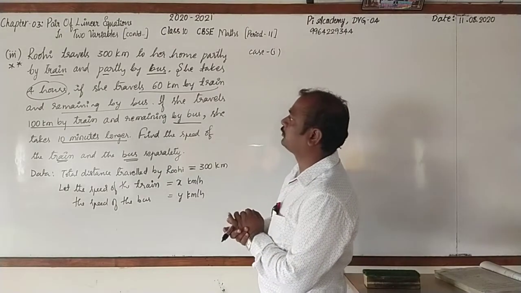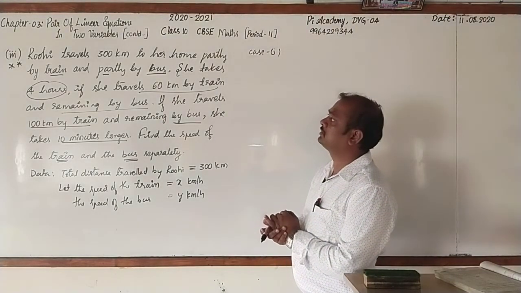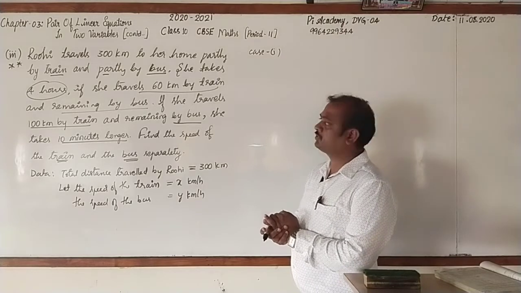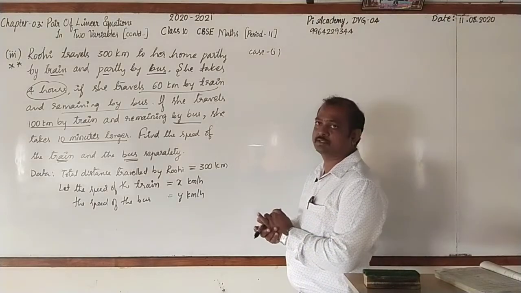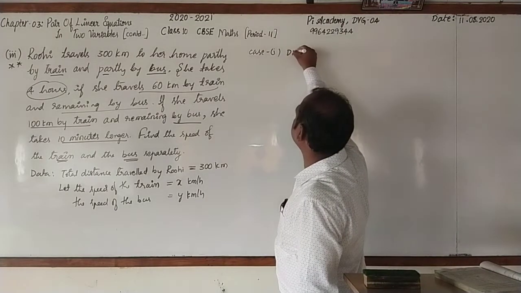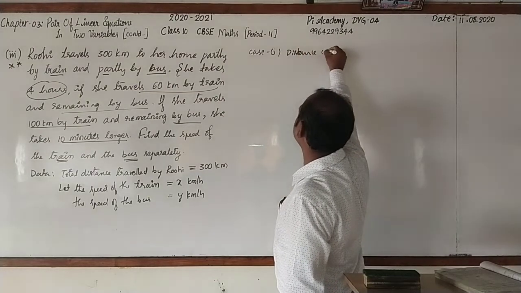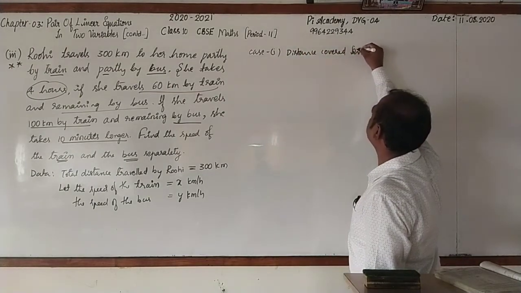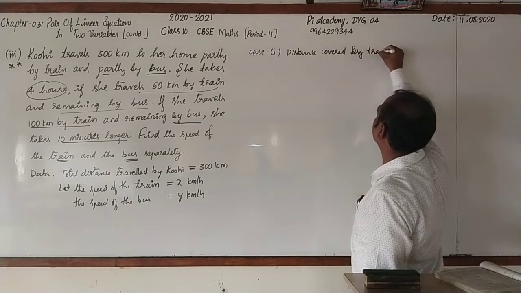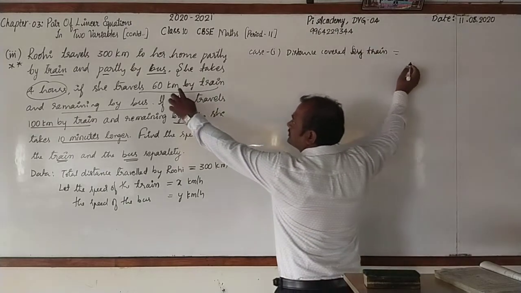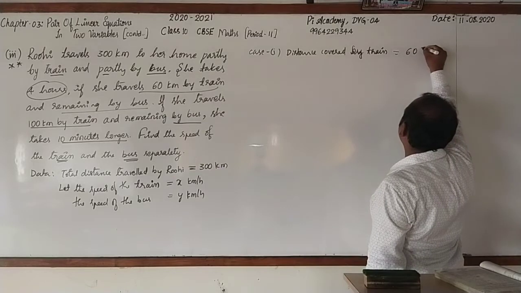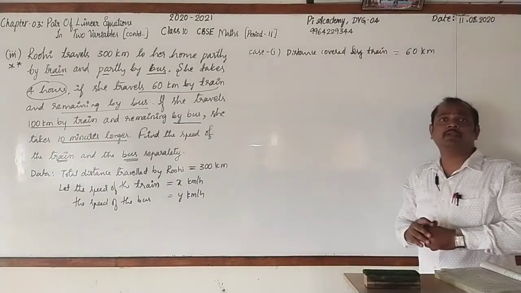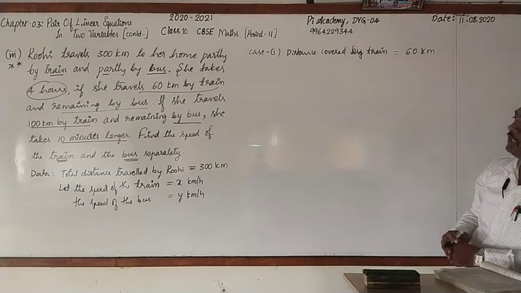She takes 4 hours if she travels 60 km by train and remaining by bus. Here I'll write. Distance covered by her by train. How much? 60 km. What is the total distance to be covered? It is 300.